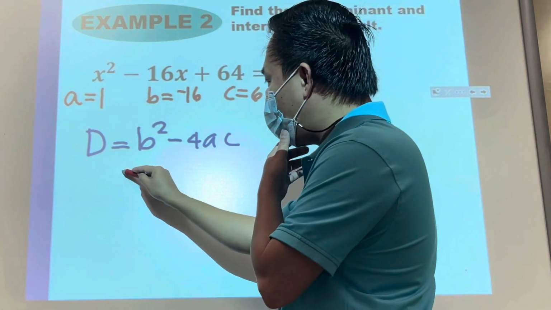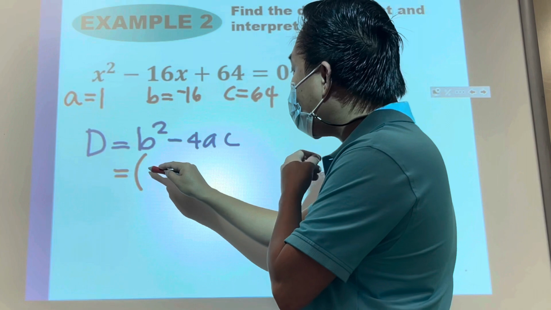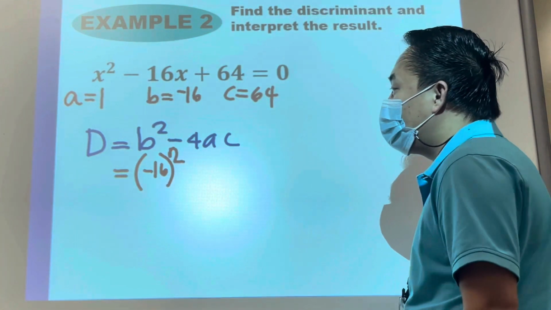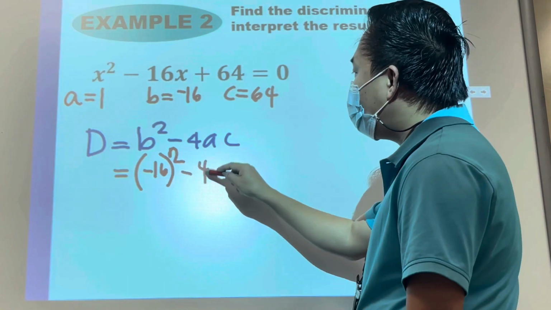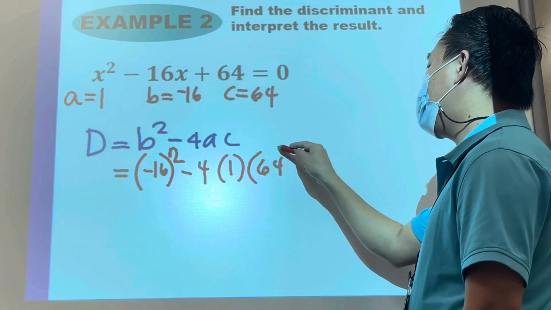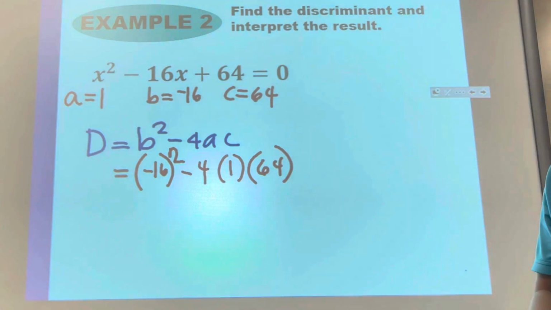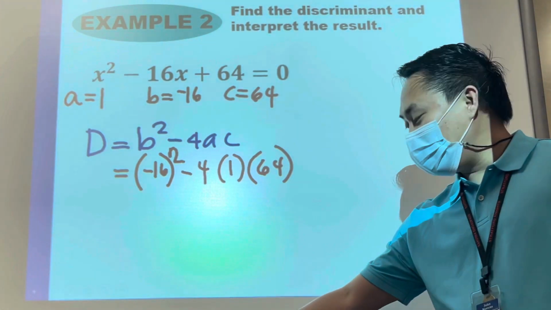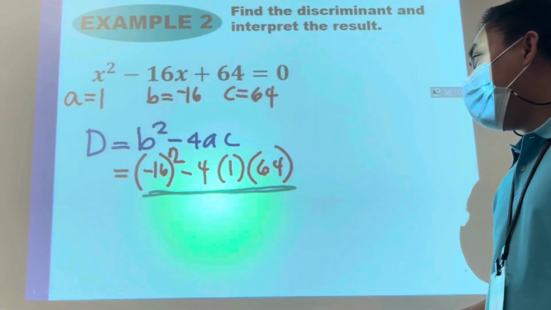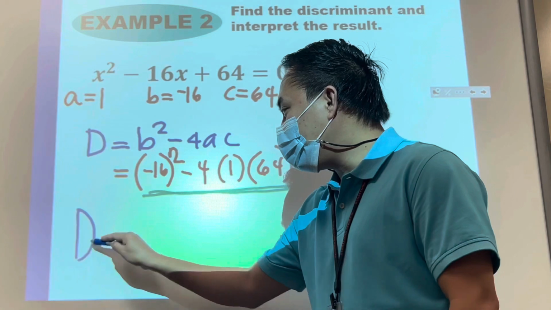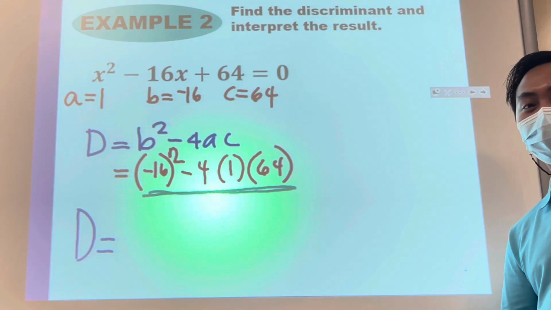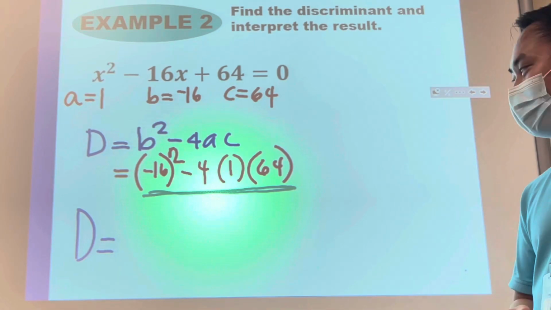Make sure you enclose numbers in parentheses: negative 16 in parentheses raised to 2, minus 4, a is 1 in parentheses, and c is 64 in parentheses. Enter this expression in your Desmos. And what's the D value? 0. Everybody got 0?